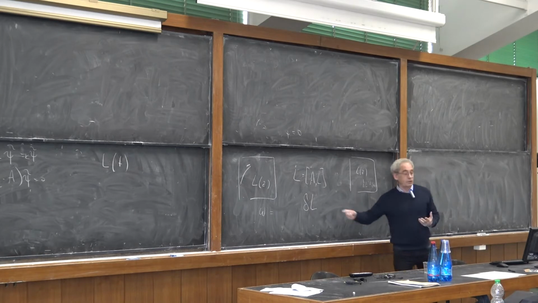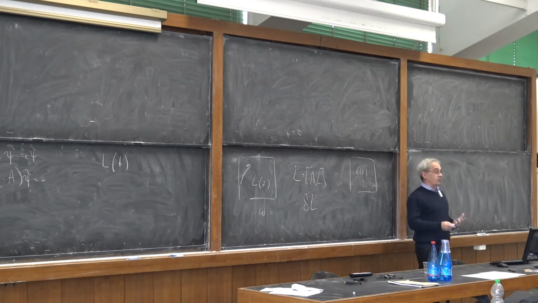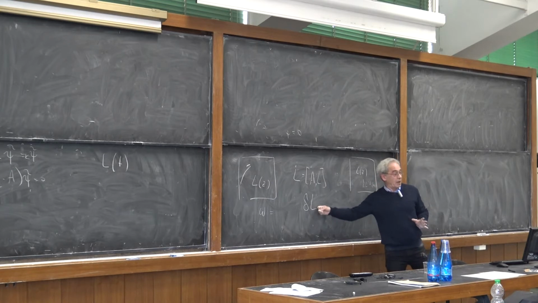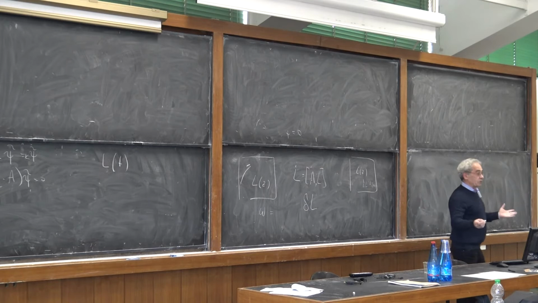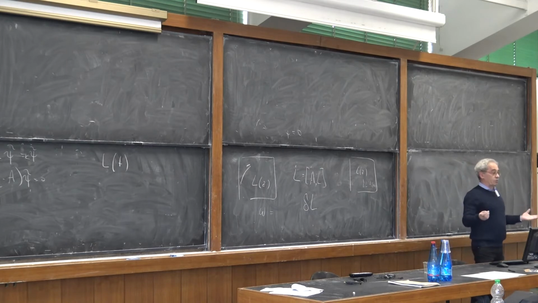I write delta instead of d for the external derivative, because later on I will have a differential in z. So just to distinguish, this is the external derivative of L on our space. So this is a one form, matrix valued.